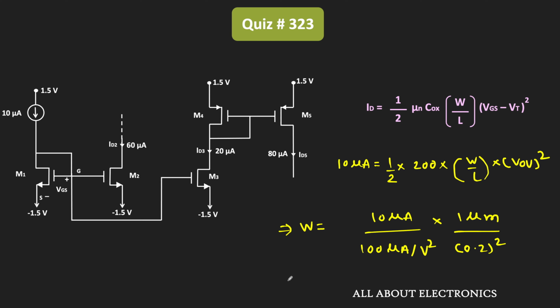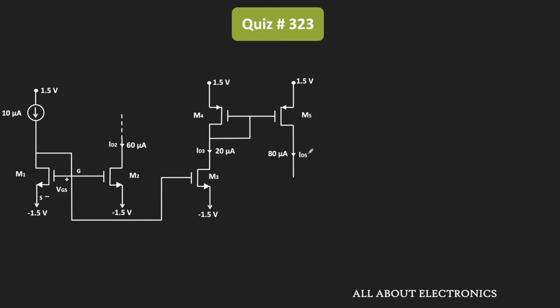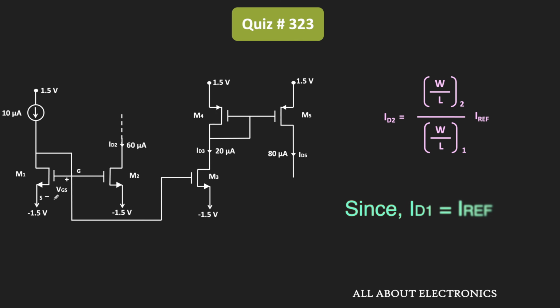If you calculate the value, the width of this first transistor will come out as 2.5 micron. Now for the transistors M1, M2 and M3, since the gate to source voltage is equal, we can say that this drain current ID2 is equal to the W by L ratio of the second MOSFET divided by the W by L ratio of the first MOSFET times I reference, or in other words, times ID1.